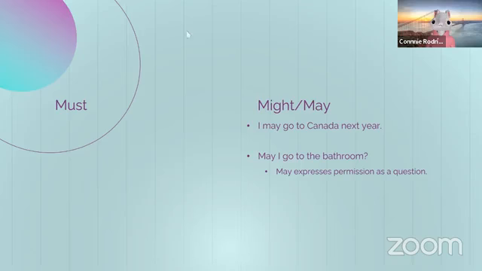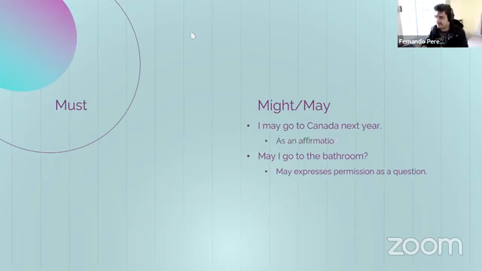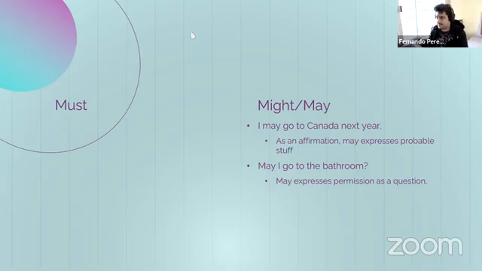Probability. Exactly. As an affirmation, may expresses probable stuff. Things that are possibly happening.